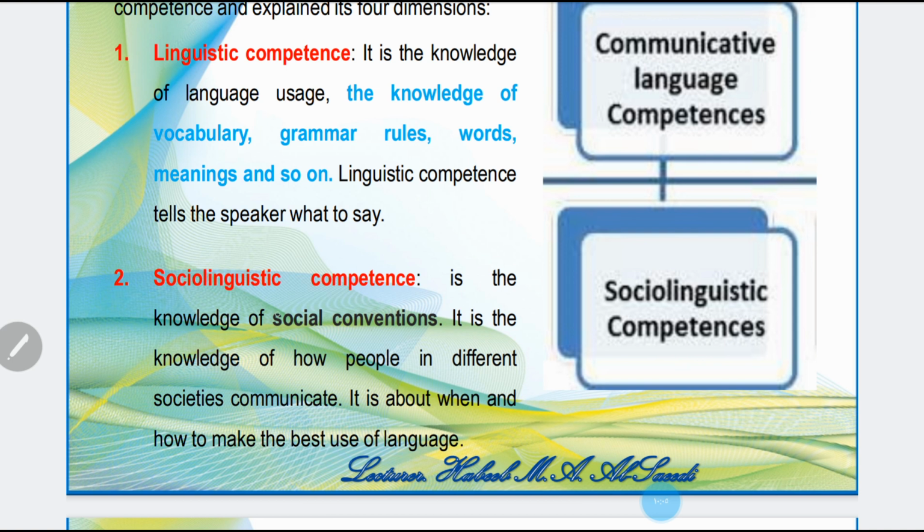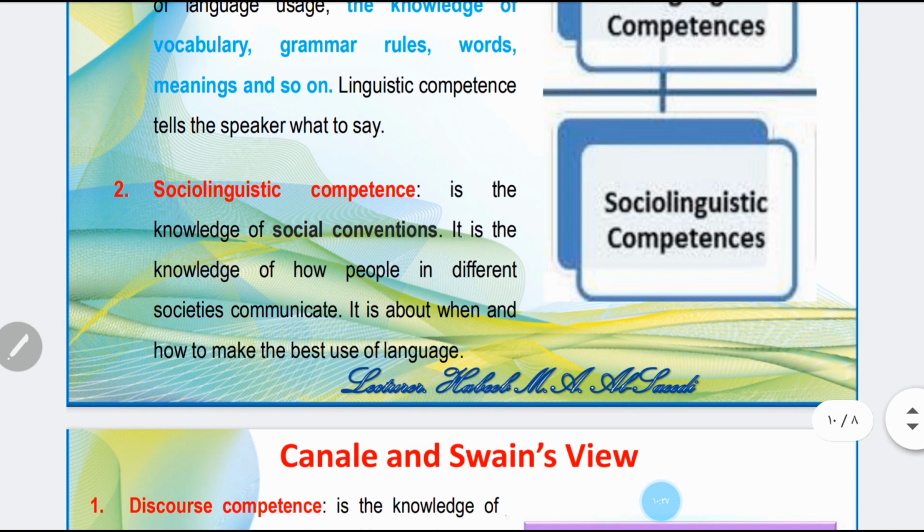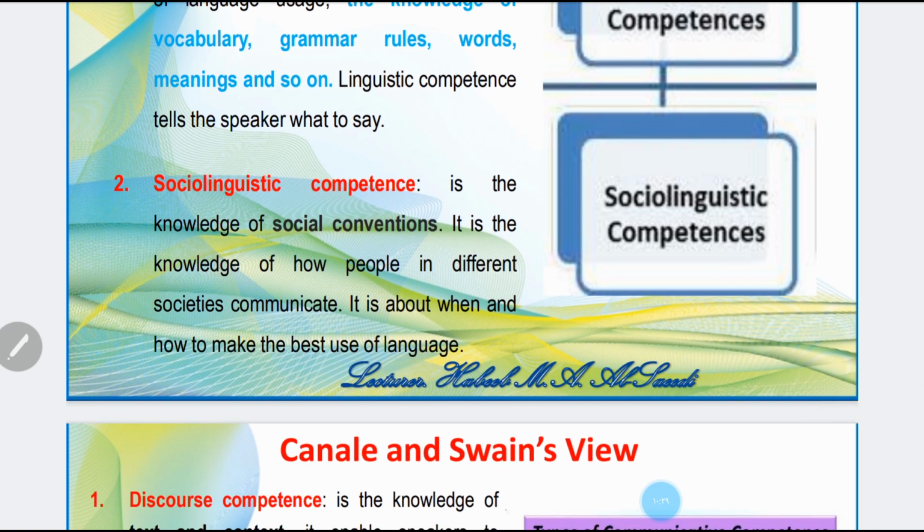Sociolinguistic competence is the knowledge of social conventions. It is the knowledge of how people in different societies communicate. It is about when and how to make the best use of language. As I told you, when you talk to your friend, your brother, or any family member, it's different when you talk to your boss, to someone older than you, or to your teacher.